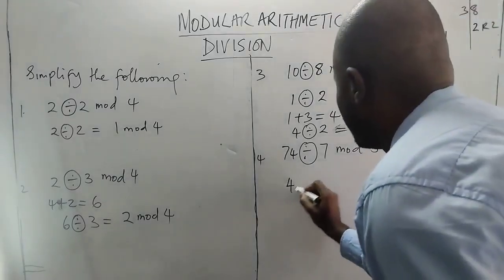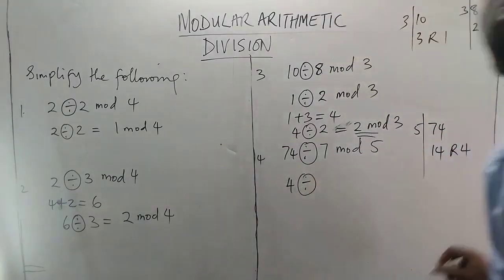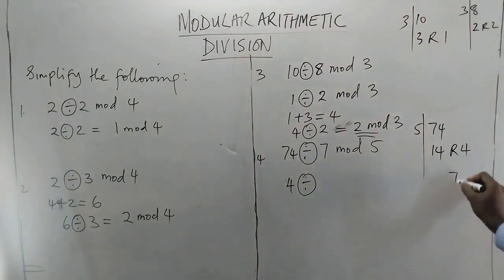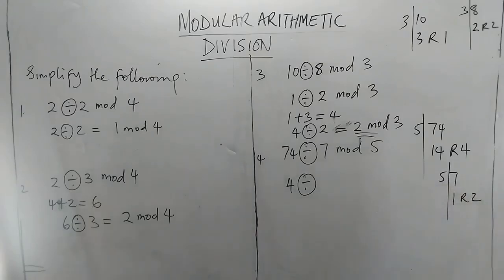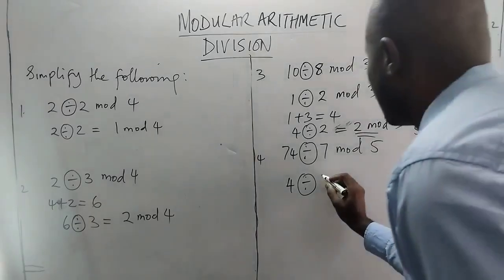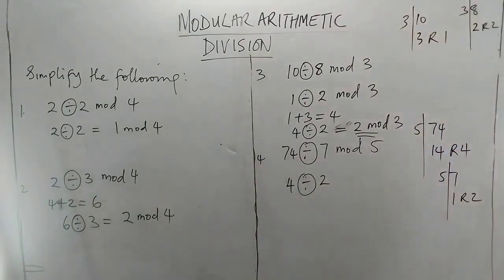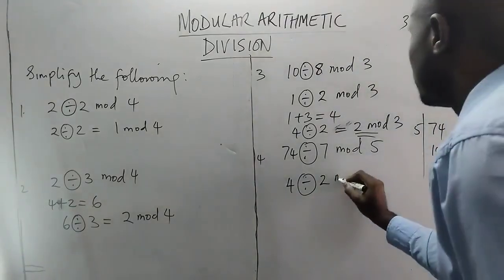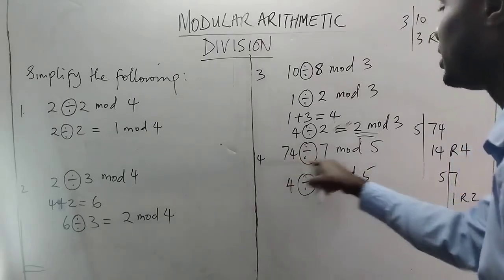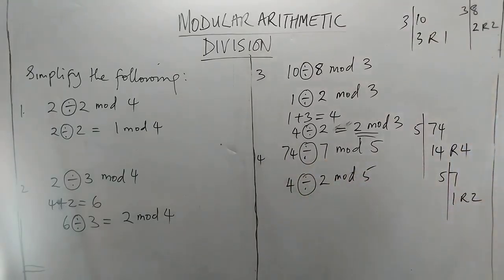You write 4 divided by 7. If you divide it, you have 1 remainder 2. You write that remainder 2.